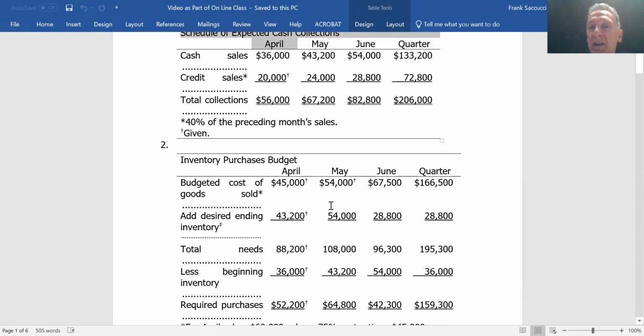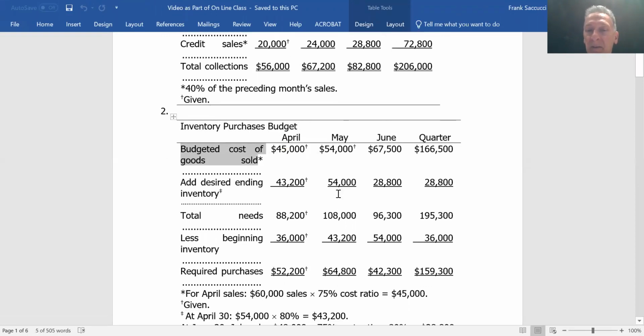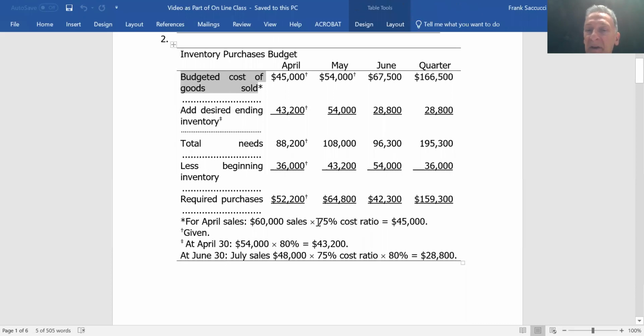Now let's take a look at the second schedule, the inventory purchase budget. We can recall from the first part of the semester, looking at an income statement, we had revenue less the cost of goods sold, or the cost of inventory sold, equals gross profit. Here, we're revisiting that cost of goods sold. In this example, there's a 75% cost ratio.